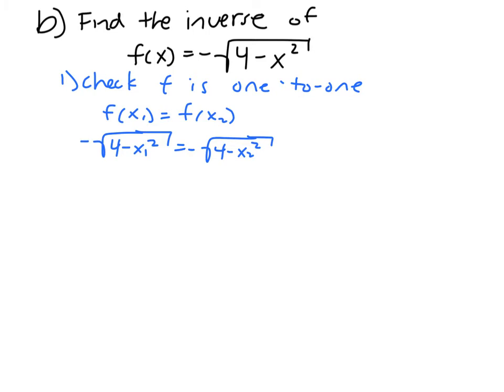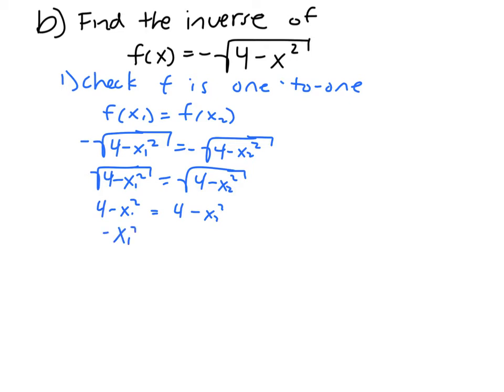I'm going to multiply both sides by -1 to get rid of the negative sign, and then square both sides. So I'll have 4 minus x1 squared equals 4 minus x2 squared. And I'm going to subtract 4 from both sides.